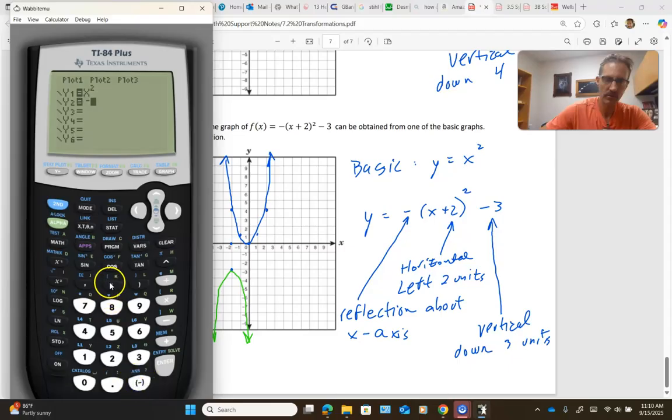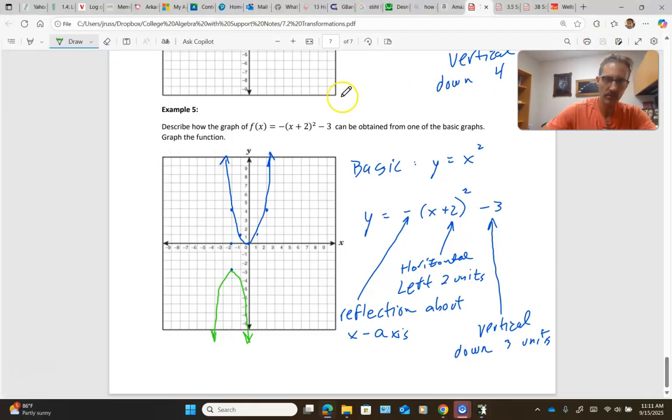So negative, and then in parentheses, x plus 2. We'll close these parentheses, and we'll square that. And then we're going to say minus 4. Okay? No, minus 3 actually, sorry. And we'll graph both of these. There's the basic function, and there is the transformed quadratic function. Okay.